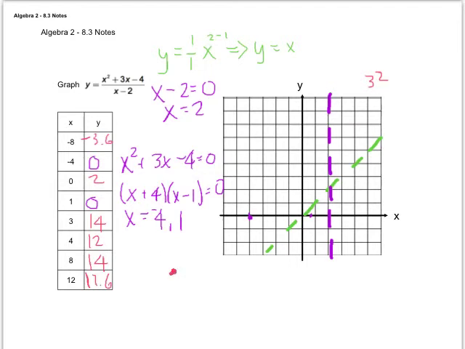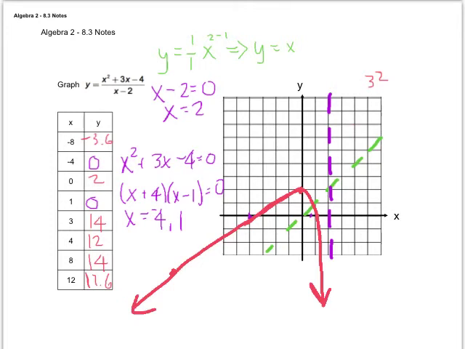And then negative 4, 0. And then 0, 2. So 0, 2 right here. And then 1, 0, which is right there. And then what we've got is a shape that's curvy, and it looks kind of like this.